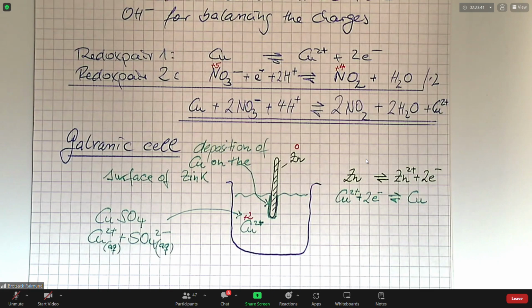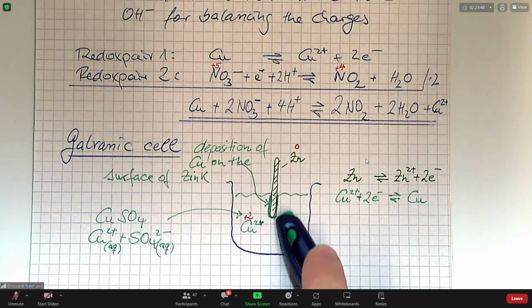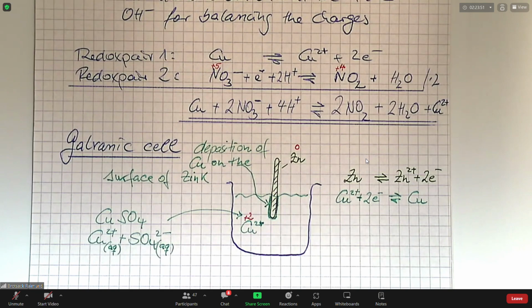When it's totally covered, then the reaction stops, because then it's copper and copper 2+, so there is no way.